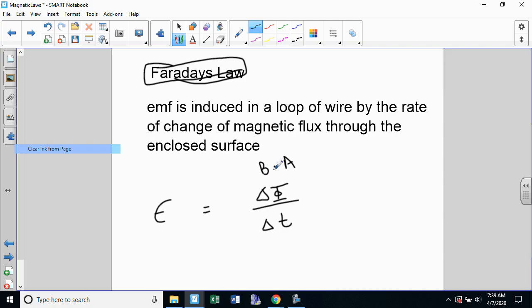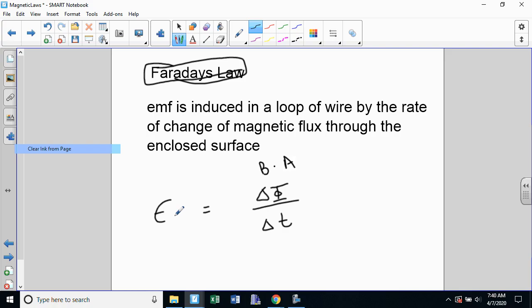If there is a change in the area where the magnetic field is going through, or the size of the magnetic field through the area, then the number of field lines is going to change. If the number of field lines in your loop changes, you're going to induce an EMF, always. So we don't have to think about force.